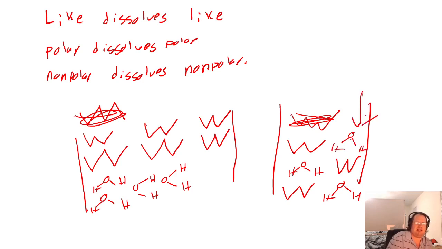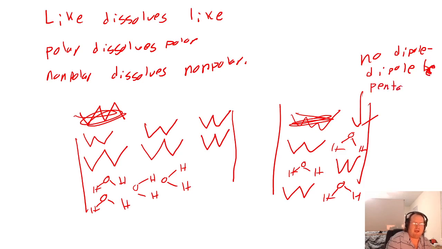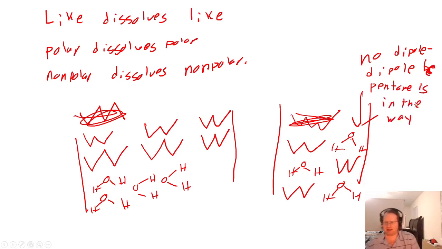They can't have that dipole-dipole or that hydrogen bonding, because pentane is in the way. So what happens when you try to mix these together is that it's not a stable form, because the water can't hydrogen bond to the other water molecules there. The pentane's in the way.